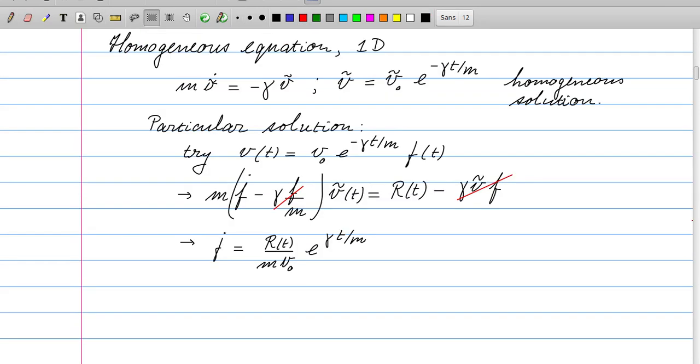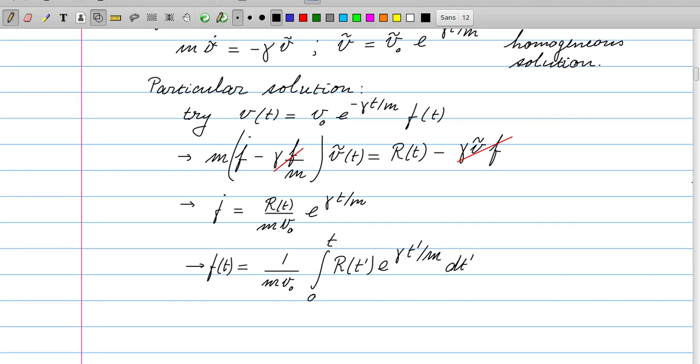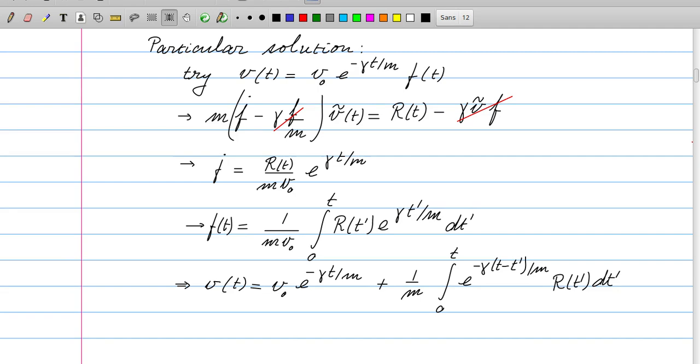and so we are left with a simple equation for f. This equation can be directly written as f dot is some function on the right hand side which depends on t, and this can easily be solved. When I say solved, it means writing the solution formally as an integral over a function involving the random force, and because we don't know the random force, there is no way we can integrate this function analytically.